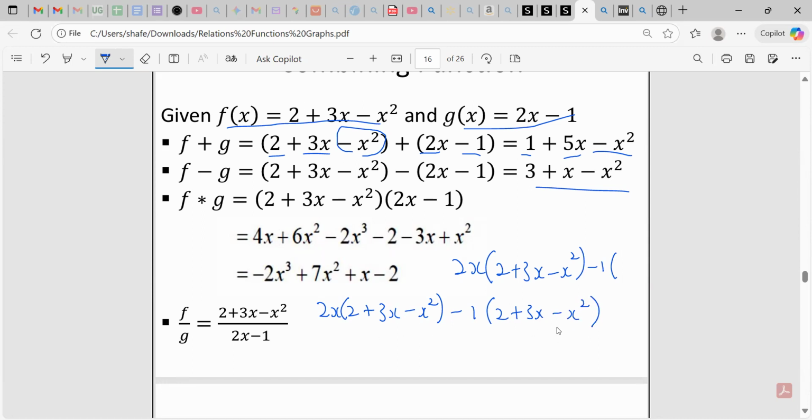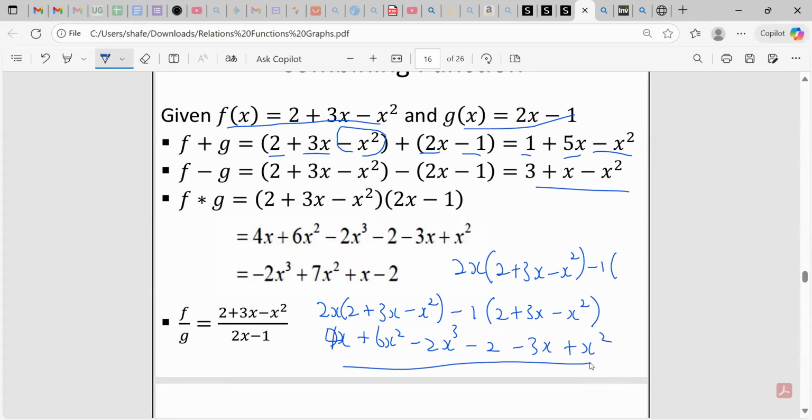And you remove the bracket now. So you get, sorry, this will be 4x. Then you'll get 6x squared, and you'll get minus 2x cubed. Removing here, you get minus 2, minus 3x, positive x squared.